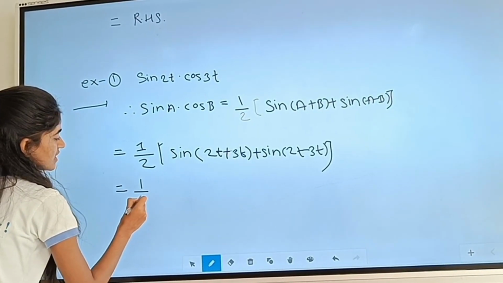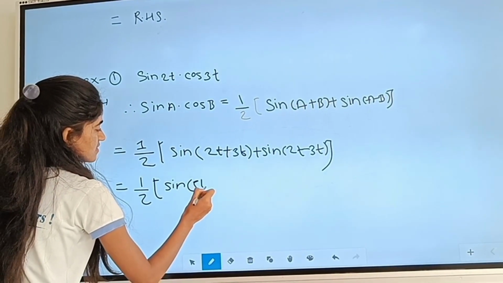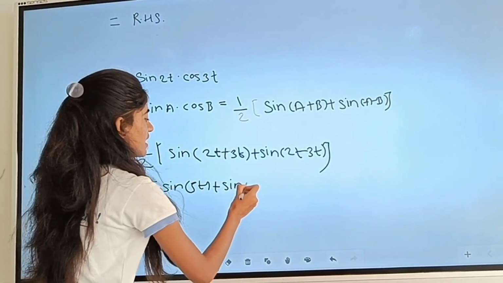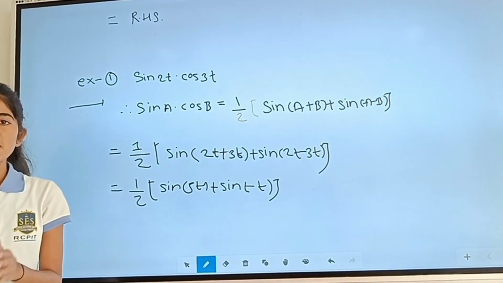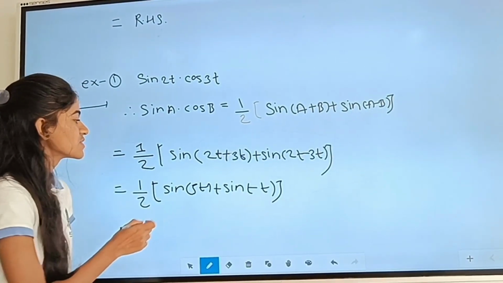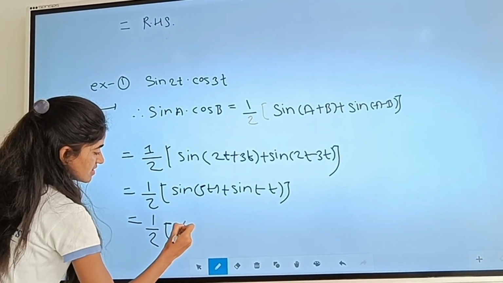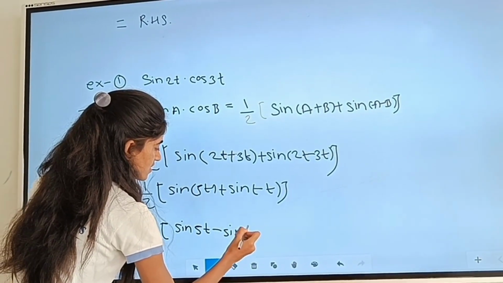Solving it, 1/2 sin(2t plus 3t) is sin 5t, plus sin(2t minus 3t) is sin(minus t). As we know, sin of minus theta is minus sin theta. So we can write 1/2 of sin 5t minus sin t.